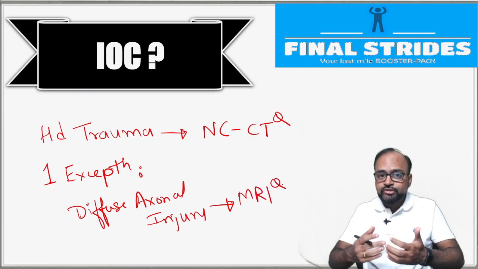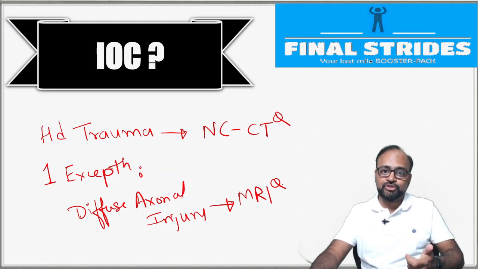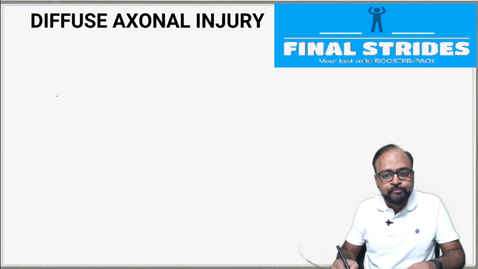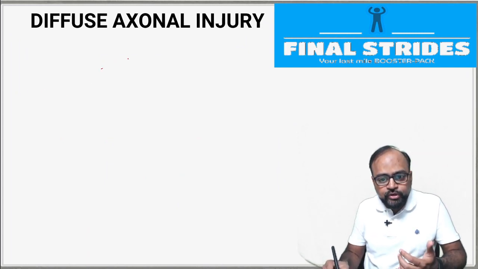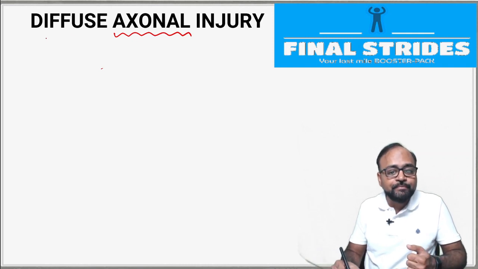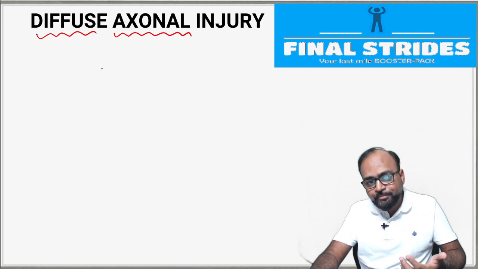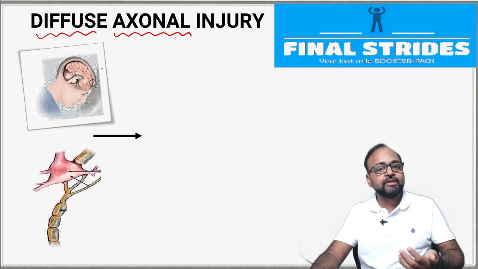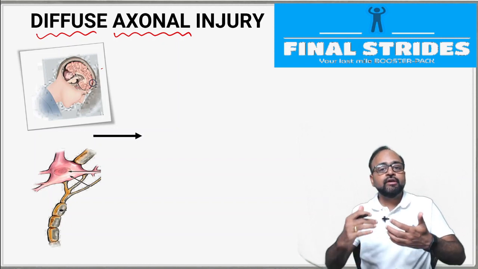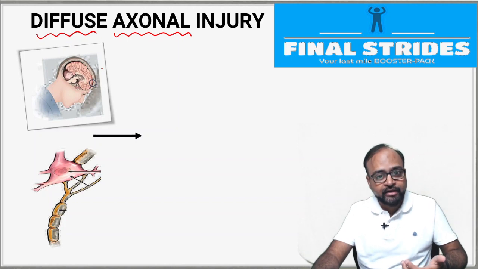Why? Because the answer depends upon what diffuse axonal injury actually is. So let us quickly have a look. What is diffuse axonal injury? Look at the name. Simply put, it is a type of axonal injury, but this happens in a diffuse manner within the brain parenchyma. Whenever there is a sudden acceleration or sudden deceleration, shearing or distracting forces are exerted over the brain parenchyma.